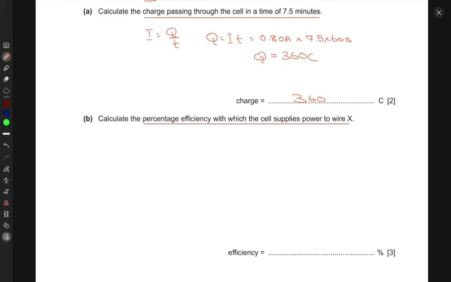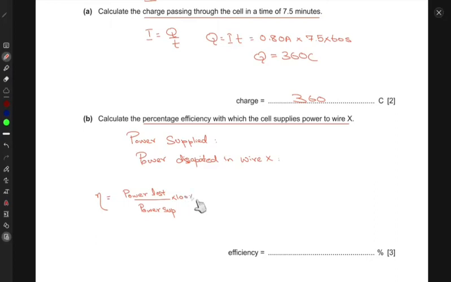To find the efficiency, we need to know the power that is supplied by the battery and the power that is dissipated in wire X. We need to find out these two things, and then we can find the efficiency, usually represented with the symbol eta, as the power lost over power supplied into 100%, right?